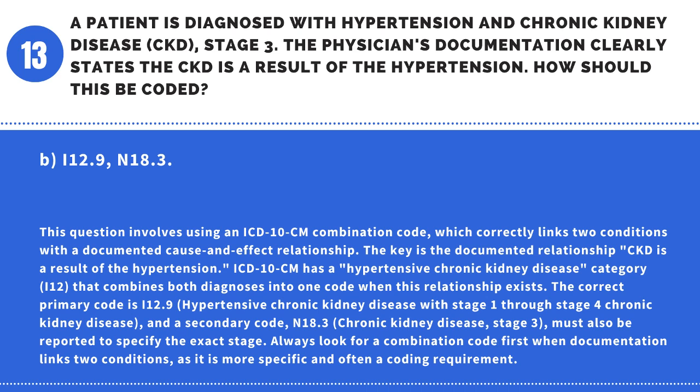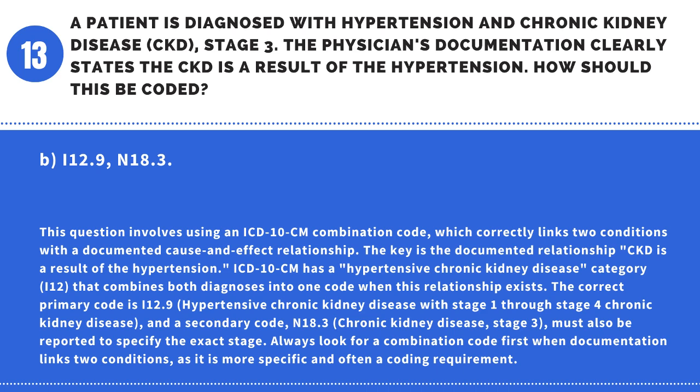Answer: B. I12.9, N18.3. This question involves using an ICD-10-CM combination code, which correctly links two conditions with a documented cause-and-effect relationship. The key is the documented relationship: CKD is a result of the hypertension.